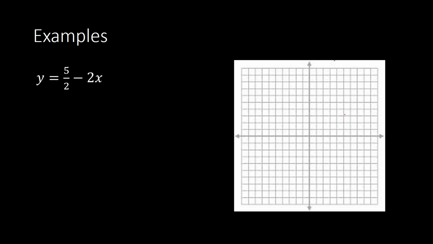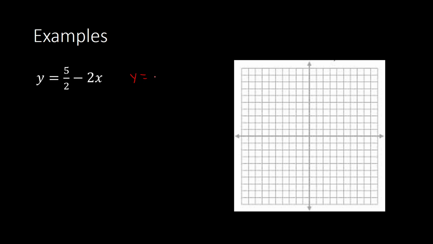Here's another example where now we have y equals 5/2 minus 2x. And be careful with this, because it is y equals, but it's not quite in slope-intercept form. Because slope-intercept form is y equals, and then the term with the x comes first.